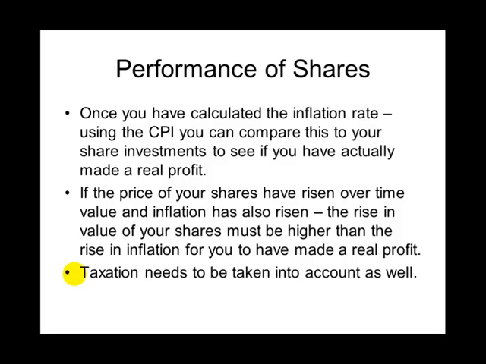Otherwise you can't see if you've actually made a real profit, because if the buying power of your money has gone down, you need to make more of a profit to cover your costs. So if the price of shares has risen over time and inflation has also risen, the rise in the value of your shares must be higher than the rise in inflation to make a real profit.